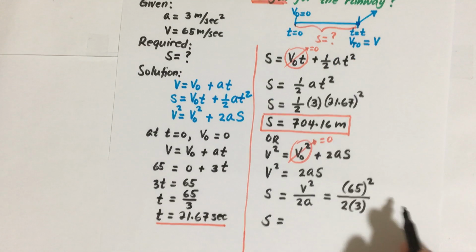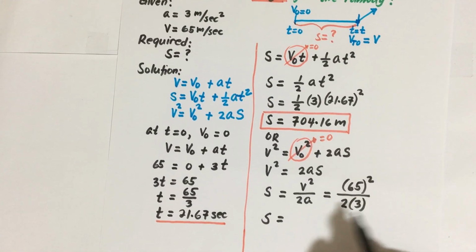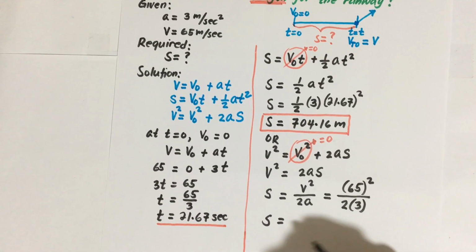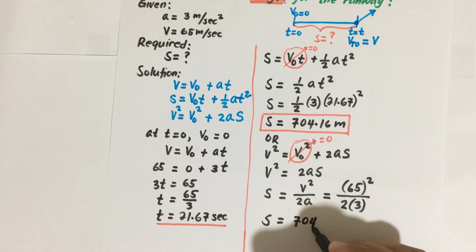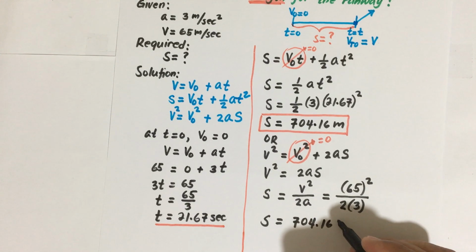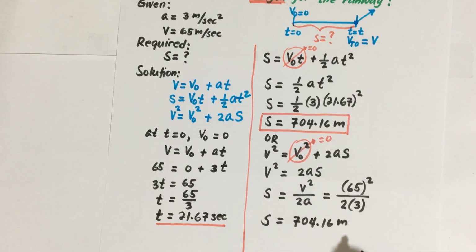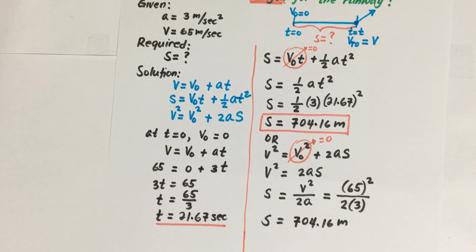When you use your calculator, 65 squared divided by 2 times 3 gives us the same value, 704.16 meters. Alright, so these are the solutions for example number 3.